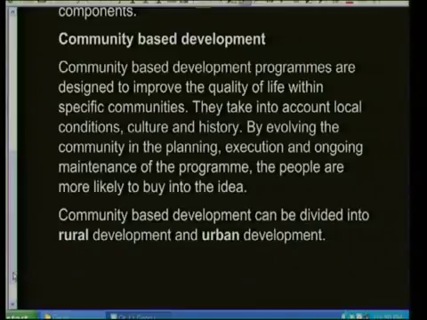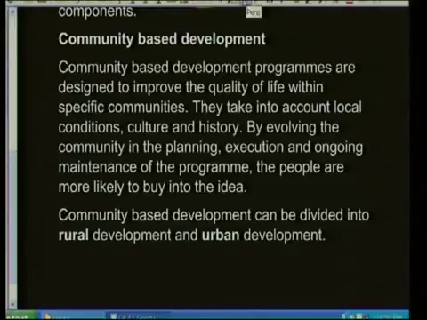Community-based development. So in other words, we've looked at models that are laid down in terms of how development takes place around the world, and now we need to localize our development strategies and look at community-based development. It says there are programs that have been designed to improve the quality of life within specific communities.